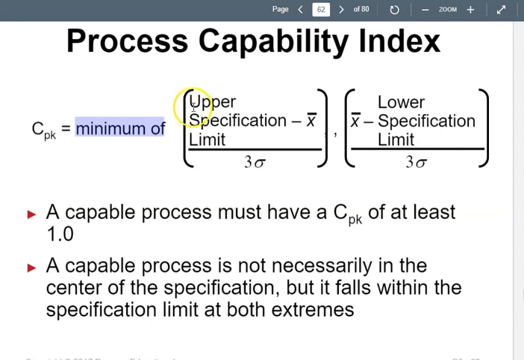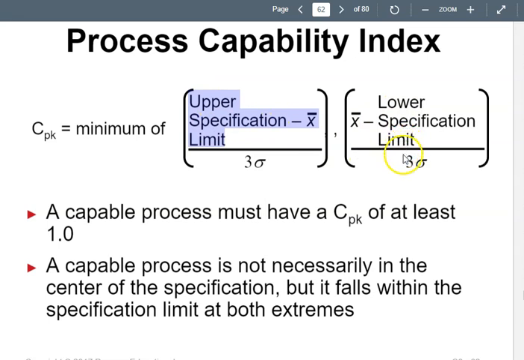So you will get the minimum of the upper specification limit minus Xbar. We don't want this to be negative. We want this to be positive. So the higher value minus the lower value. If for any reason you forgot which one, you need to take the higher value minus the lower value. So upper specification minus Xbar, Xbar minus the lower specification.